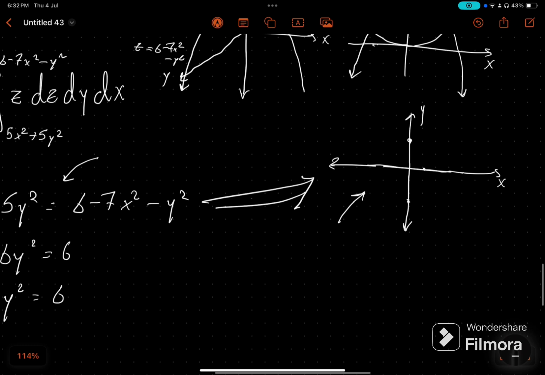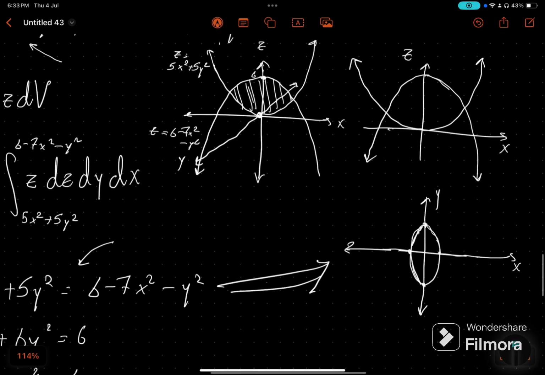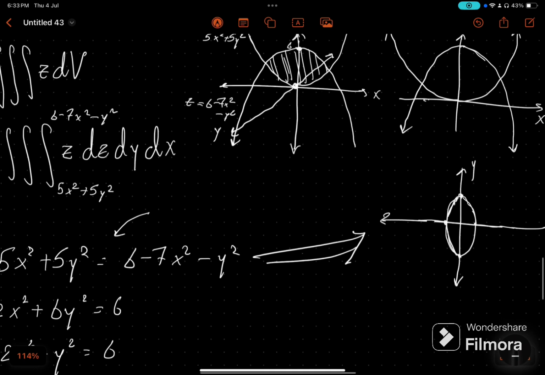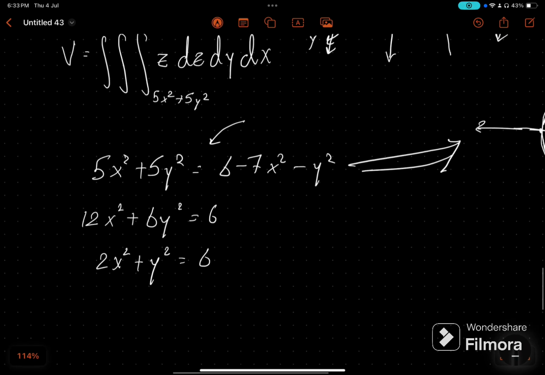So it's going to be a vertical ellipse. Okay, so this is in the xy plane, and this is what we're going to see from the top. So it's not a circle, it's an ellipse. It could be a circle, but since we have different coefficients here, it's an ellipse.